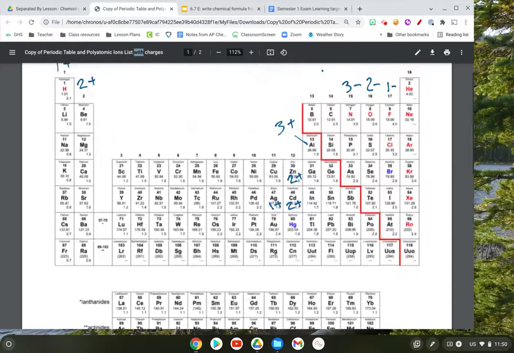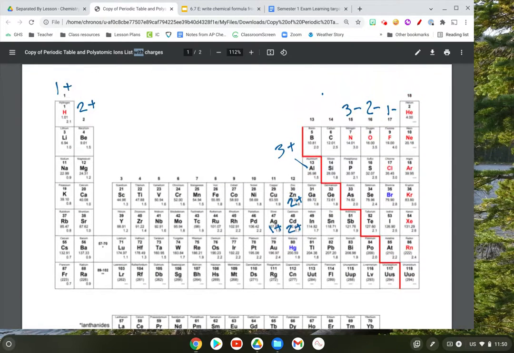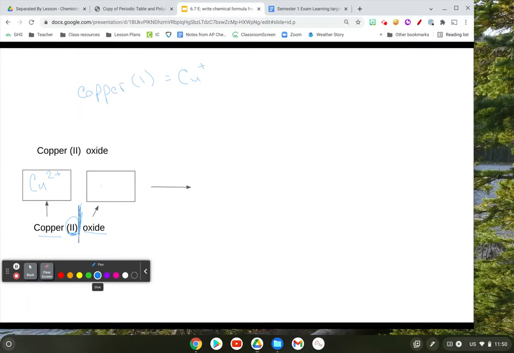So then I go back to my periodic table. I'm looking for oxide, which is oxygen. So my second part of this is O2 minus. All right, now I need to take those and figure out a ratio that allows them to have the same number of positives and negatives. Well, I've got a plus 2 and a minus 2, so I actually only need CuO.